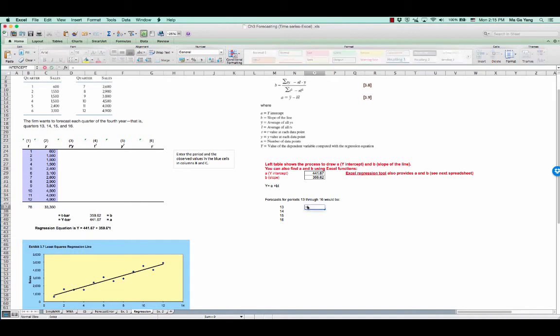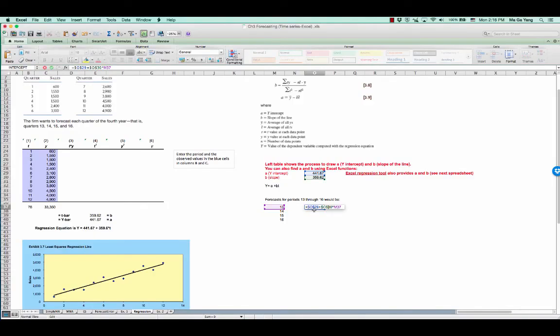So it equals 441 plus 359 times our time variable, which here is 13. And I would like to fix these cells by adding the dollar sign between these letters.